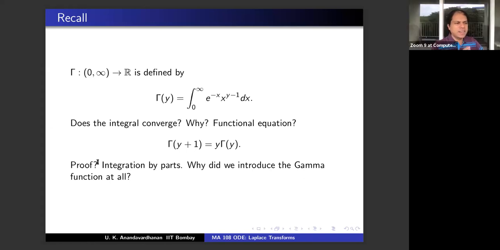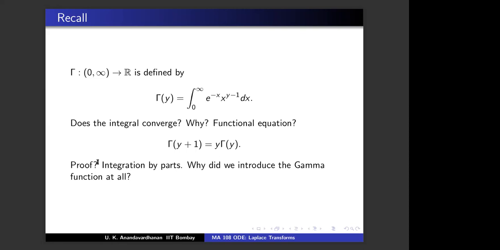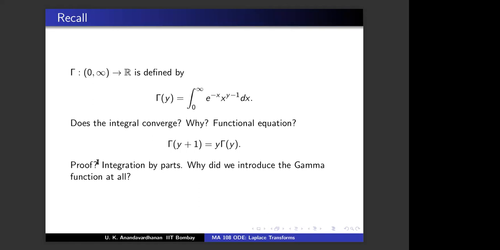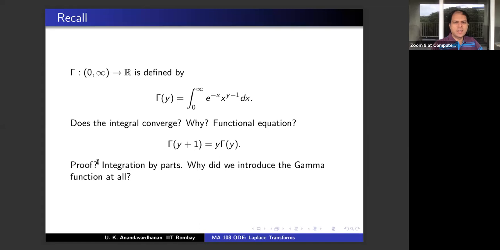And what is the aesthetic reason for which we introduced it? Even if it was not coming in Laplace transforms, it interpolates the factorial function. So it's a nice idea, and of course we needed it in the theory of Laplace transforms.